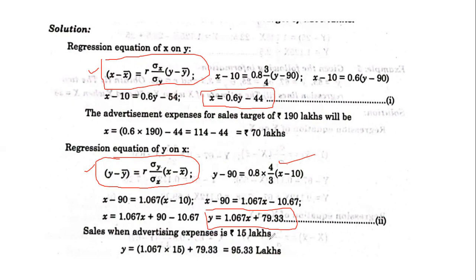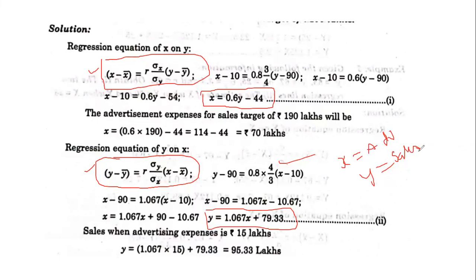When advertisement expense is 15 lakh, advertisement expenses is taken as x. So x is equal to advertisement, and y is equal to sales. In this first case, x is substituted to find out y.